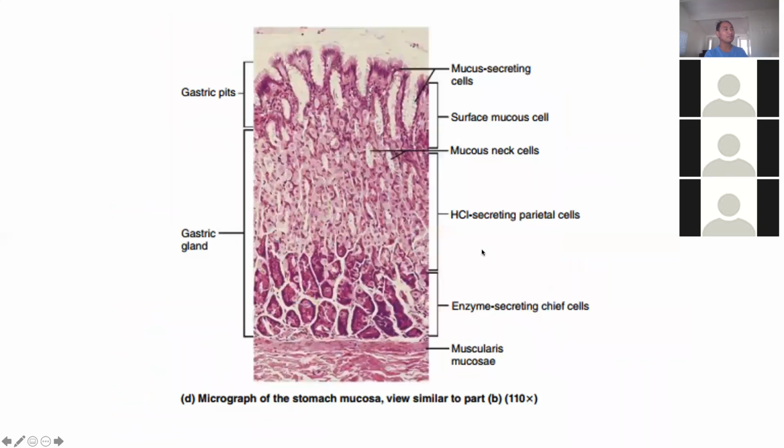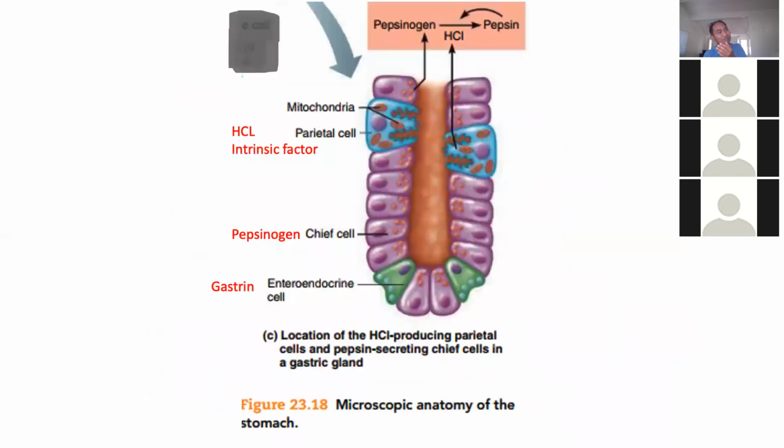Look at that. This is the micrograph, which is showing all the structures we are describing. But let's go back to a little bit more detail. These are the cells we were talking about. Parietal cells secrete hydrochloric acid and intrinsic factor.